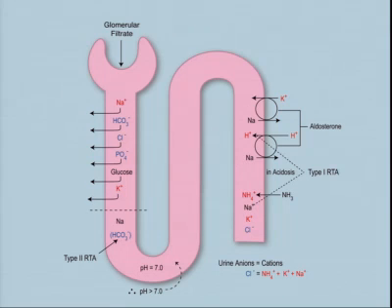Internists like this for some reason in terms of, they talk about the urine anion gap. And all it is the fact that you've got one negative ion in the urine, chloride. And that has to be balanced by all the positives. So that's the sodium, the potassium, and this one, which is ammonium.